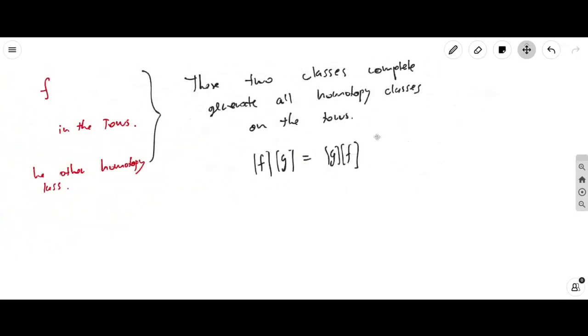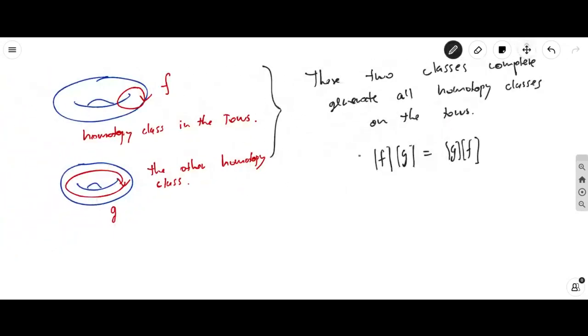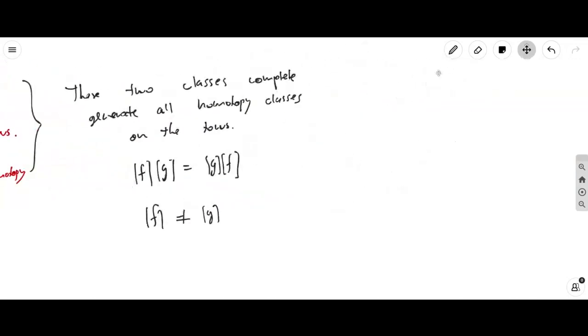What makes this surprising is that F by itself and G by itself are different homotopy classes. You cannot turn this one into that one by some kind of deformation, some way of deforming the path to make it look like that. However, it's interesting that if you do F first and then G, and then you do G followed by F, that gives you the same thing.